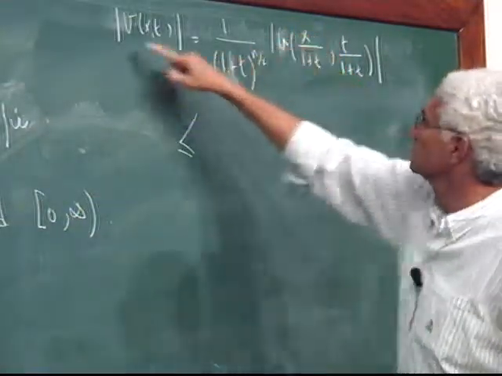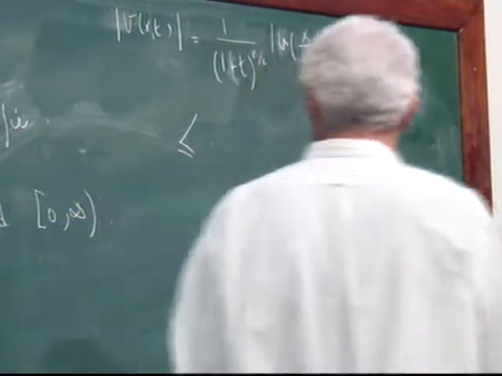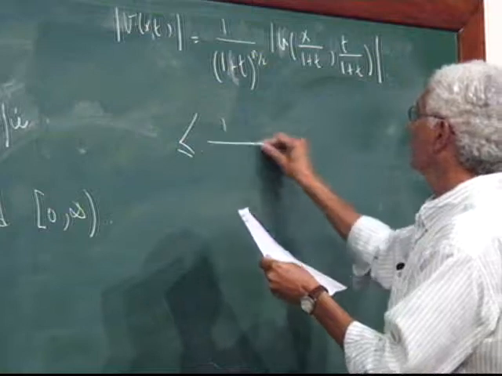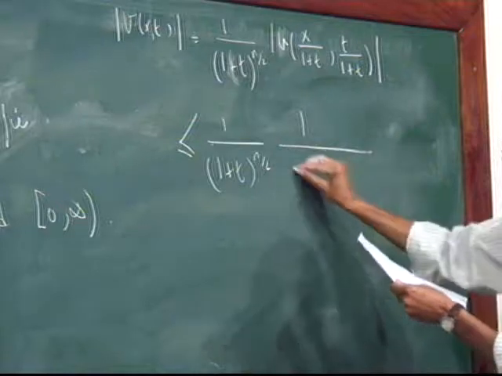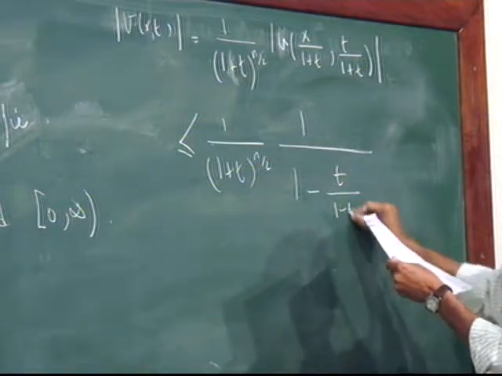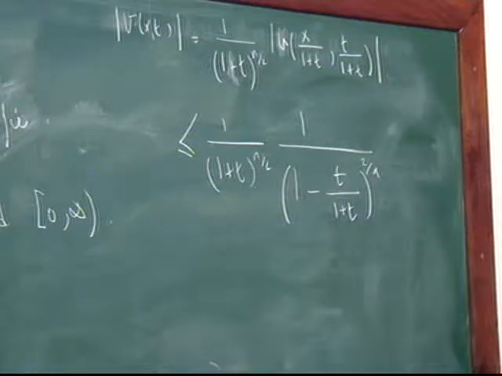U is controlled by this, in this form. The blow up of u is controlled by Q with this. Why this number? This is a number that you need to be sure that you preserve the norm of this. If you were critical L2, it would be n over 2. Therefore, you have this quantity, 1 over 1 plus t to the n over 2, 1 over 1 minus t, 1 plus t to the power 2 over a, because this is what you have.